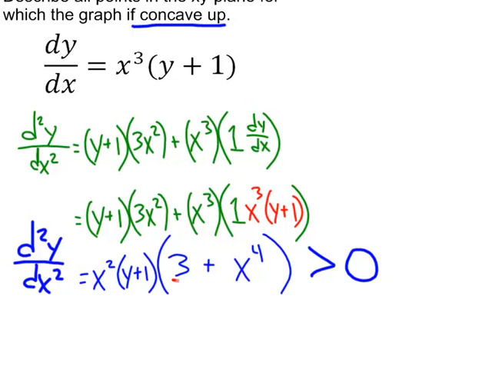Let's start with this one here. You notice that it doesn't matter what x is equal to. If x is positive, negative, or 0 itself, this factor underlined right here will always be positive. So that's not going to have much effect on our second derivative as far as changing its sign.